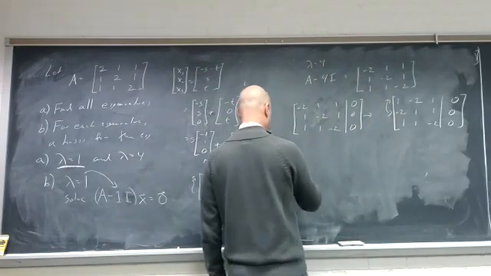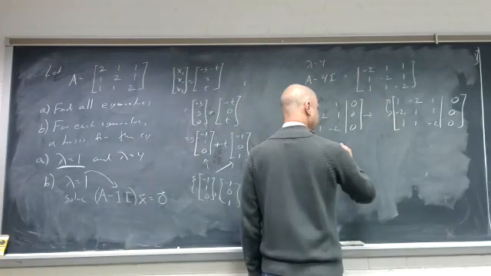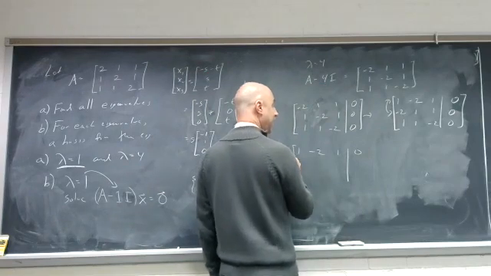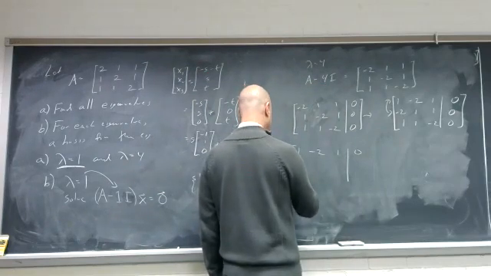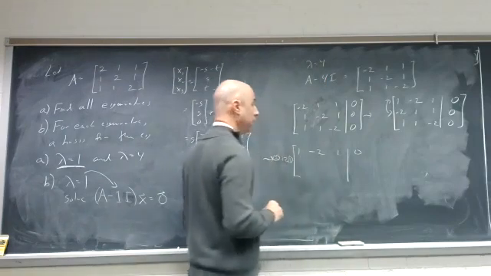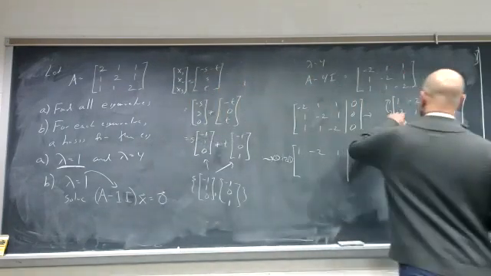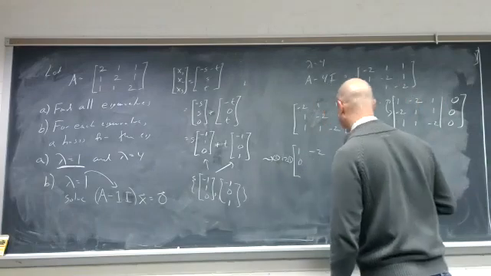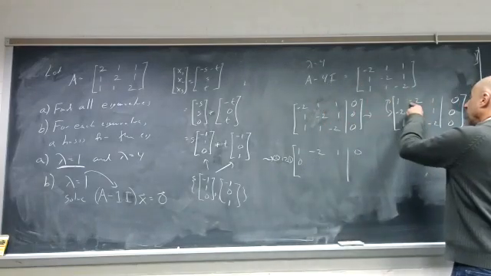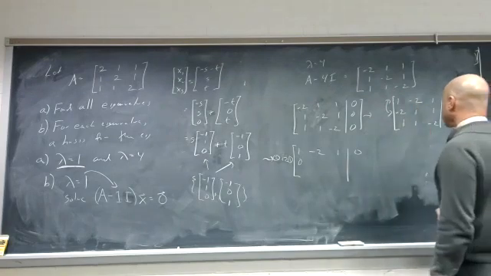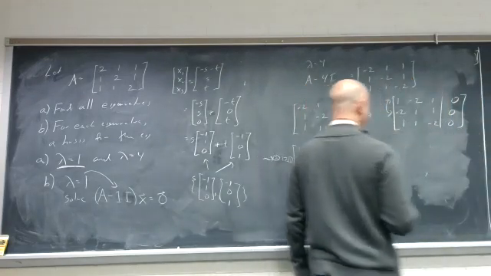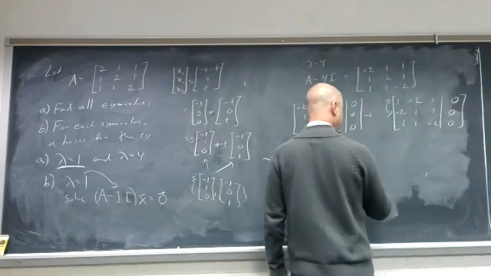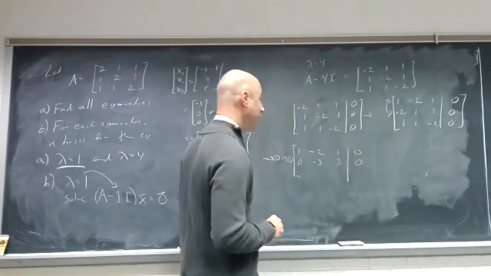So I will take row 2 and add 2 times row 1. Minus 2 plus 2 is 0. 1 plus 2 times minus 2 is 1 minus 4, that's negative 3. 1 plus 2 times 1 is 3. 0 plus 2 times 0 is 0.